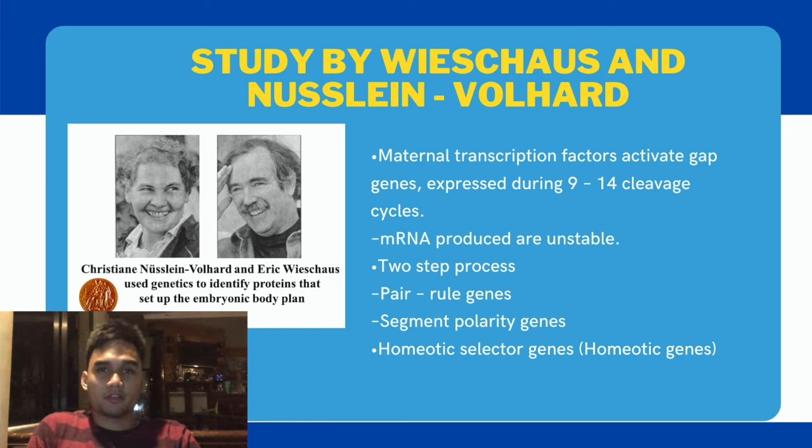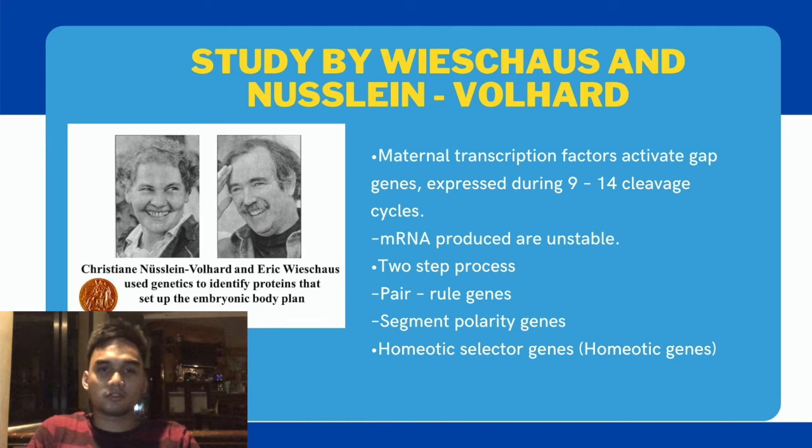These have been further elaborated in the genetic screen study by Nusslein-Volhard with the use of mutant fruit flies. It has been postulated that maternal transcription factors activate gap genes, which are expressed during the 9th to 14th cleavage cycles. These gap genes then produce transcription factors that lead to the formation of unstable mRNA.